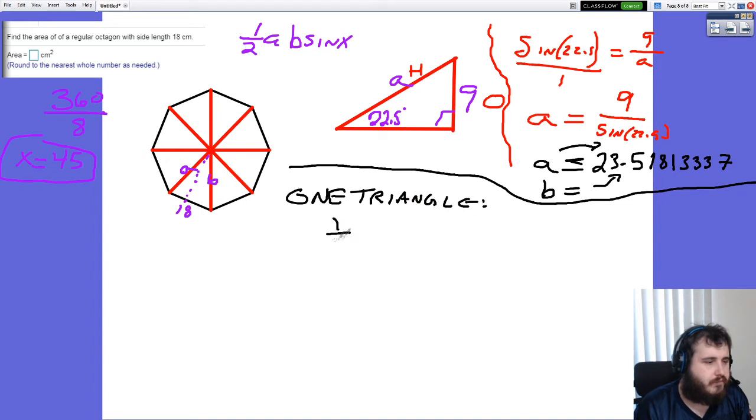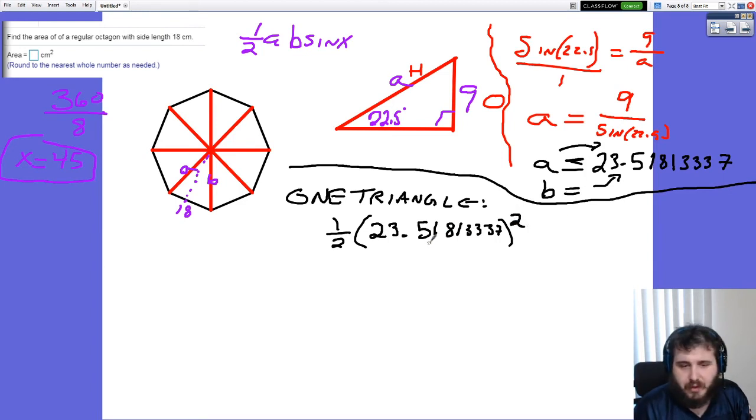So one triangle is going to be 1/2 times this 23.5181337 number. And since they're both the same, what you could do if you wanted to be lazier, which I fully understand, instead of multiplying this and then writing it all over again to multiply it again, you could just square it, right?